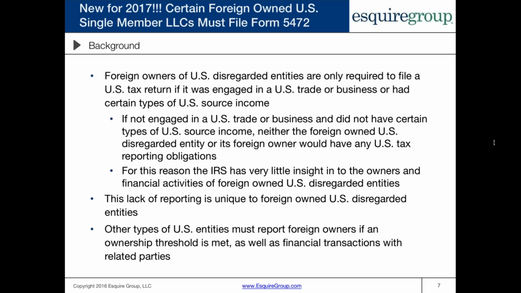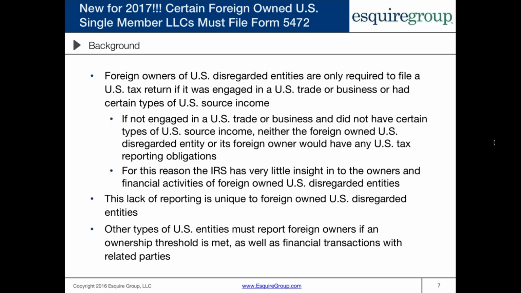For example, foreign corporations and U.S. corporations with a certain level of foreign ownership, and U.S. partnerships with a certain level of foreign ownership have to report the foreign ownership, and they also have to report their income and expenses, and they have to report transactions with related parties. So for other types of entities, the U.S. is getting information regarding those entities' assets, income, owners, so on and so forth.